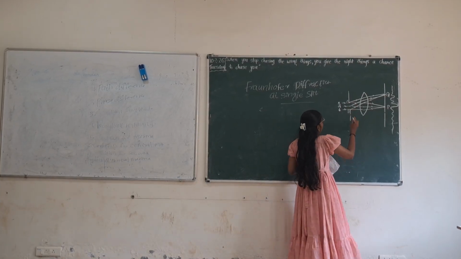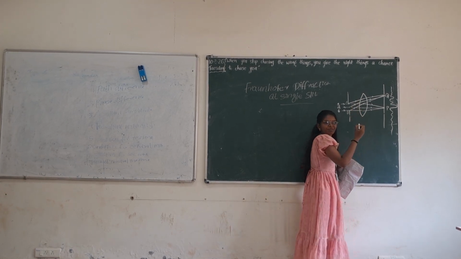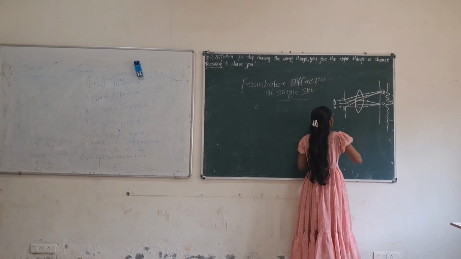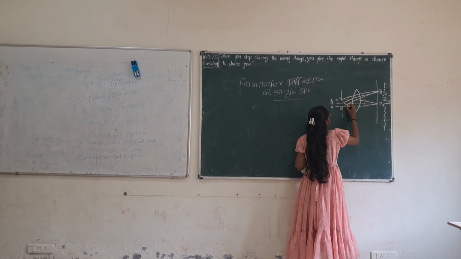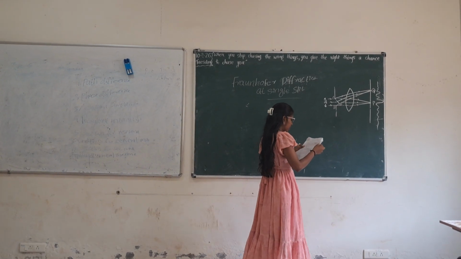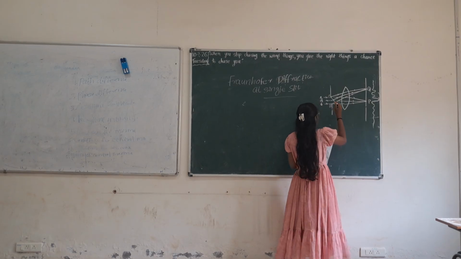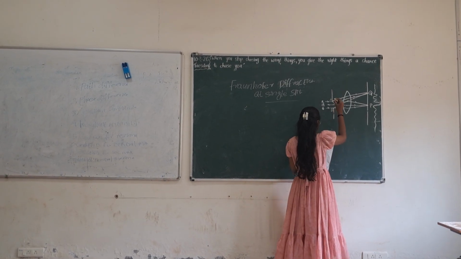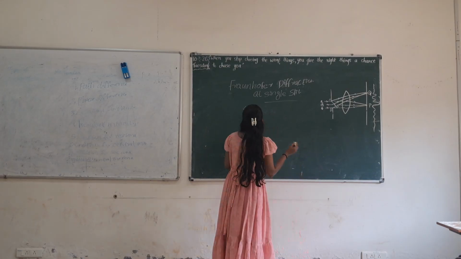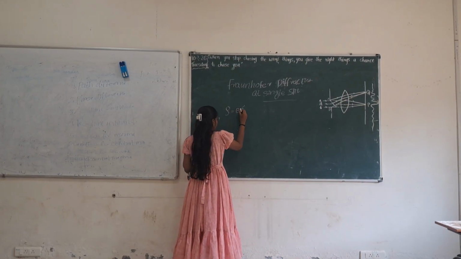To determine that, we draw a normal N. The path difference of the waves starting from A and B is BN. So path difference delta is equal to BN.